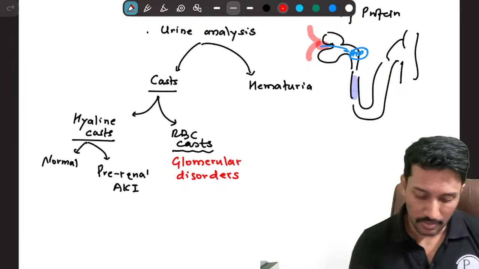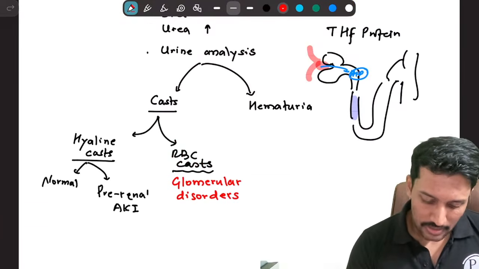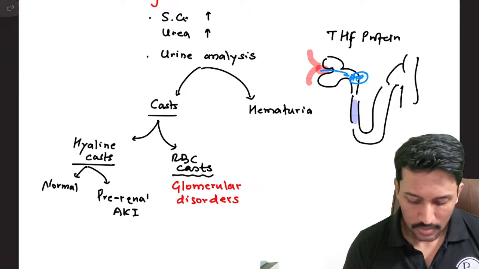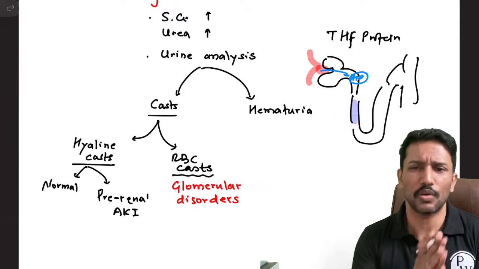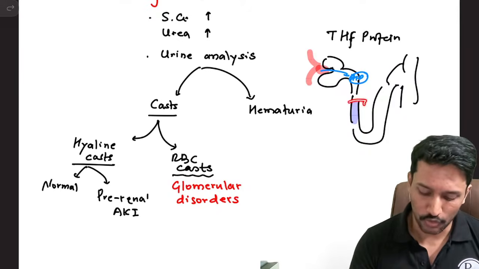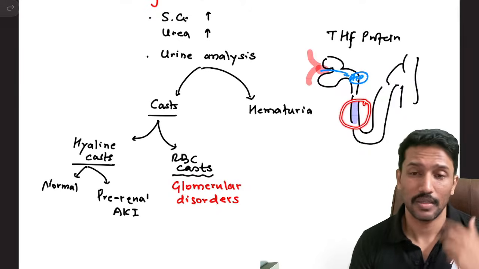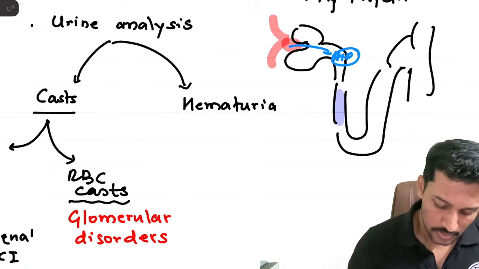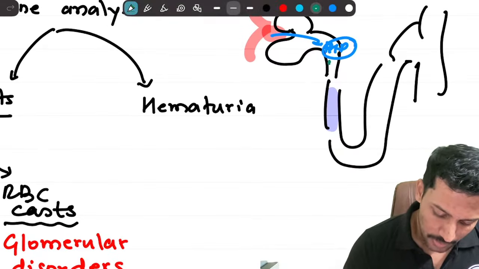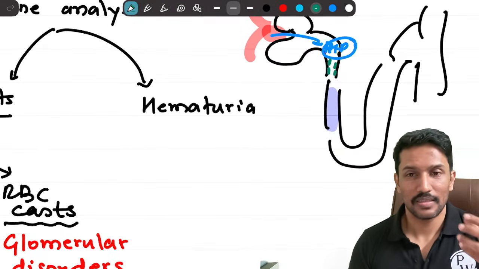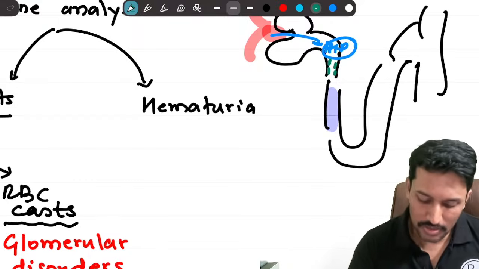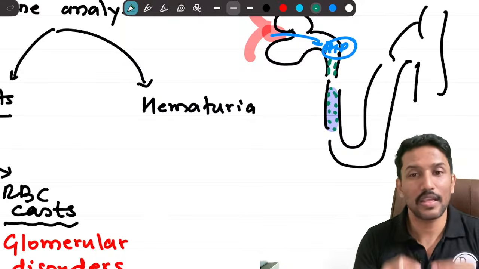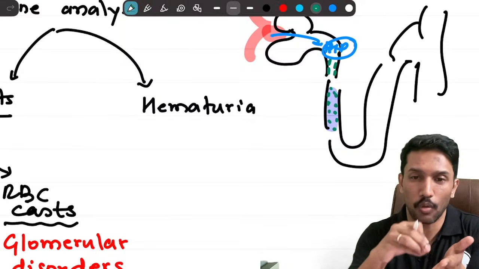Okay, what else can casts tell me? Now, let us say that I have some tubular injury. Acute tubular necrosis because of decreased blood flow, or acyclovir getting precipitated here and causing the tubular injury. Now, if the tubular cells get necrosed, these tubules are lined by epithelial cells, and these cells get necrosed and shed off. Once the epithelial cells are shed off, they float in the filtrate, and they also get impregnated on these sheets of Tamm-Horsfall protein.